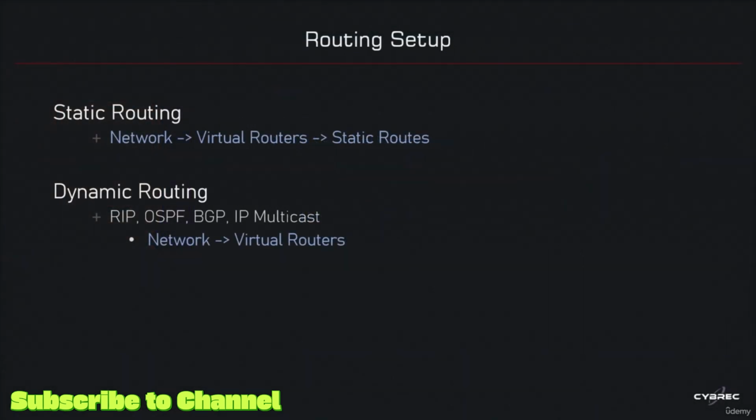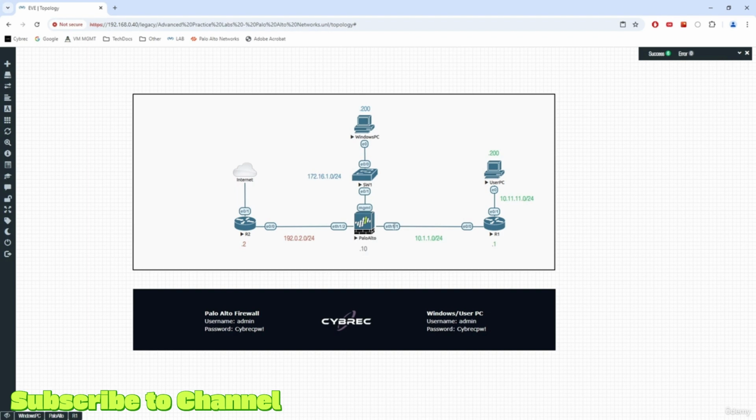We will configure a static route to point to router 2 on the outside, so the firewall knows how to get to the internet. So this is going to be a static default route where I'm going to point to router 2. And then on the inside, we will use OSPF.